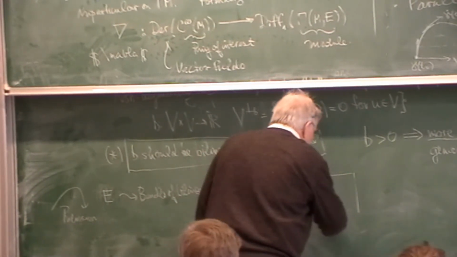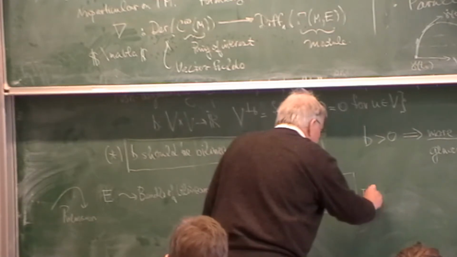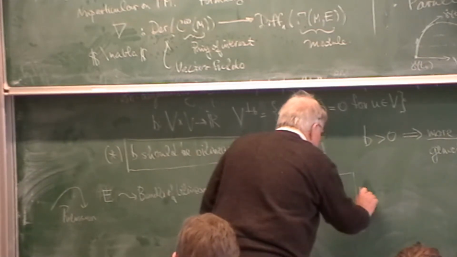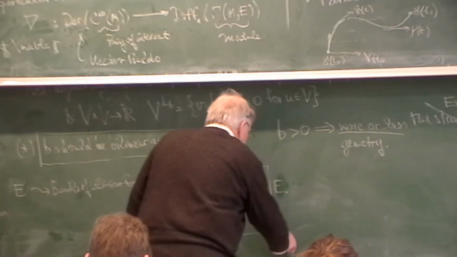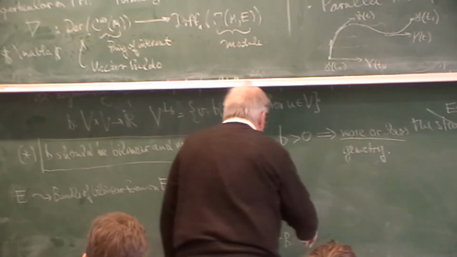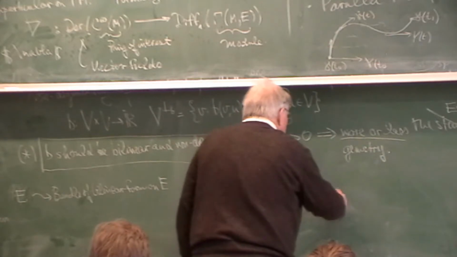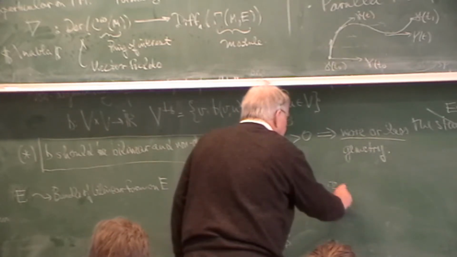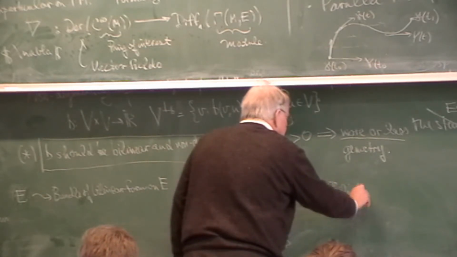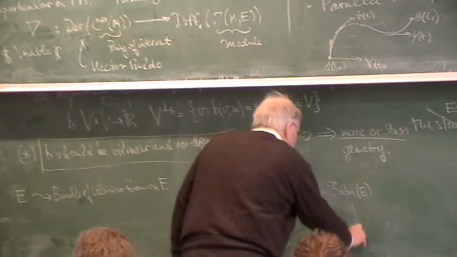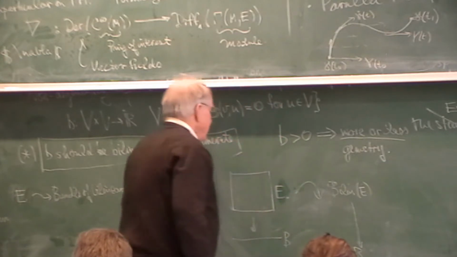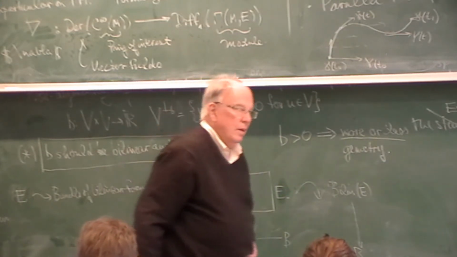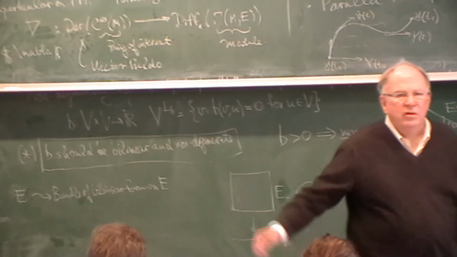You have the tangent bundle, for example, or any bundle over base space B. And you can go over here to the bundle of bilinear forms, the bundle over the base space. I don't care about the notation.